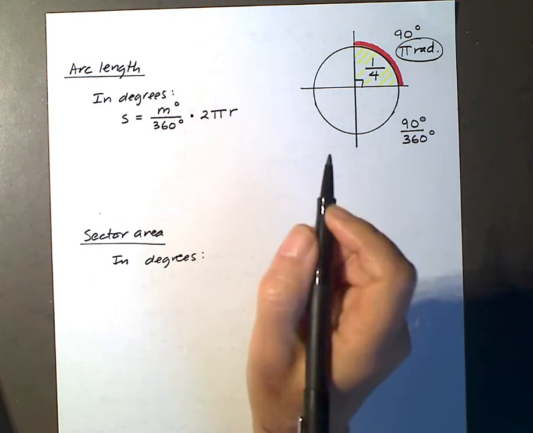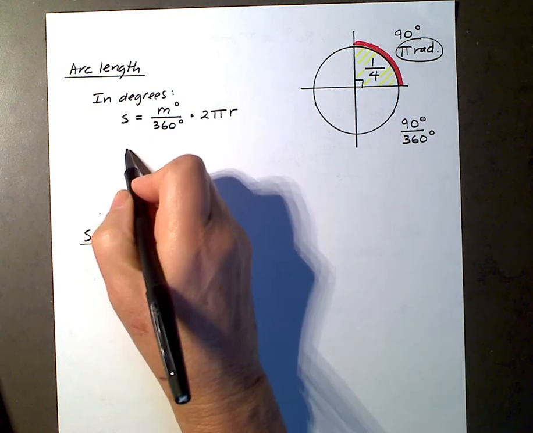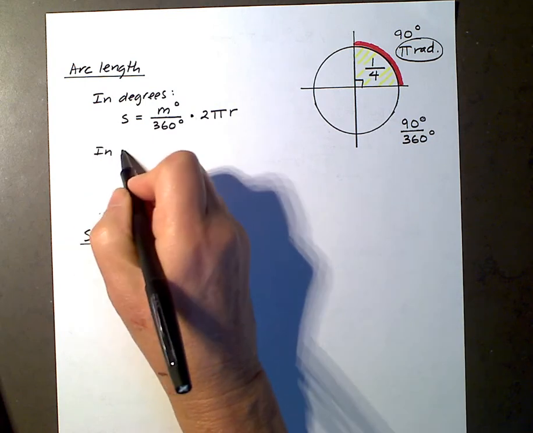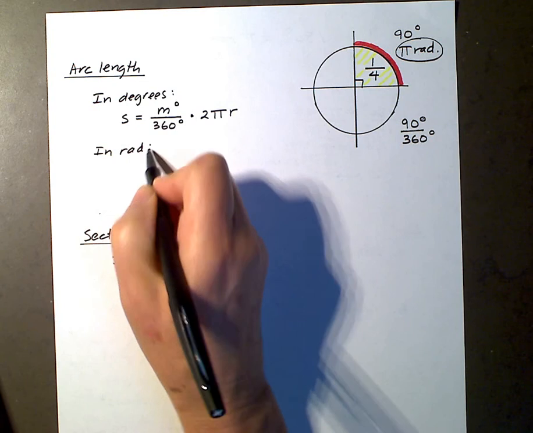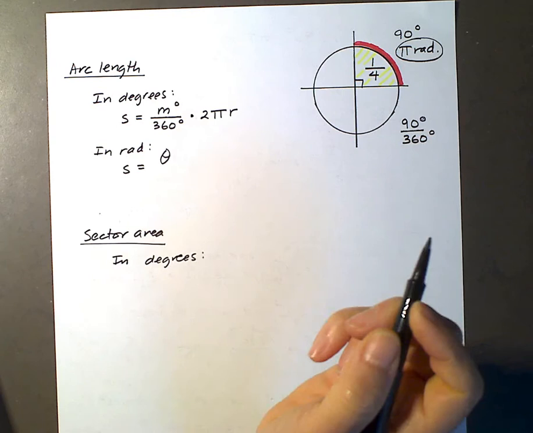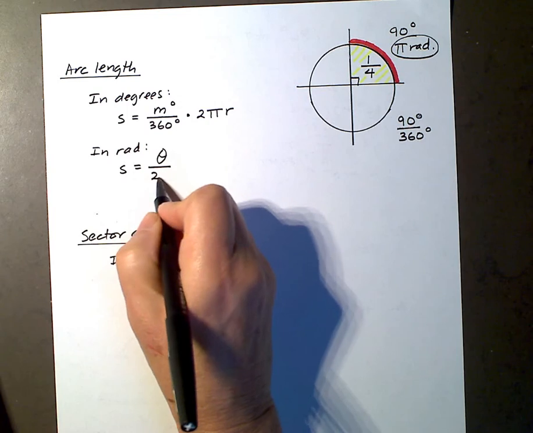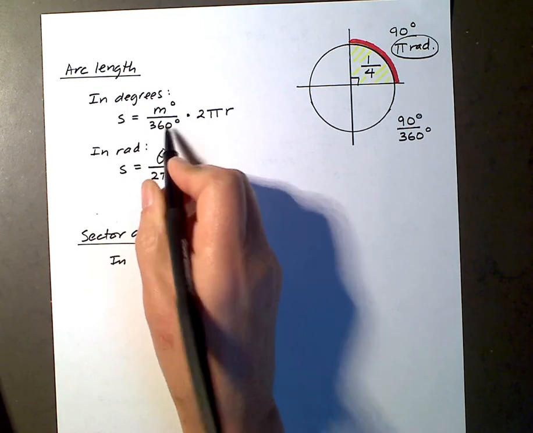Now, when we want to do this in radians, I would say S is equal to the angle measure, some number of radians, over 2 pi, because 2 pi is equivalent to 360.